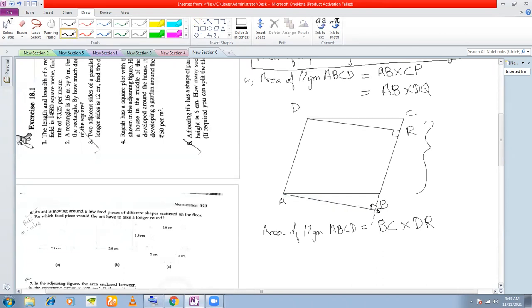Let us call this point S. So AS is my height. If AS is the height, BC remains the base. So BC into AS.